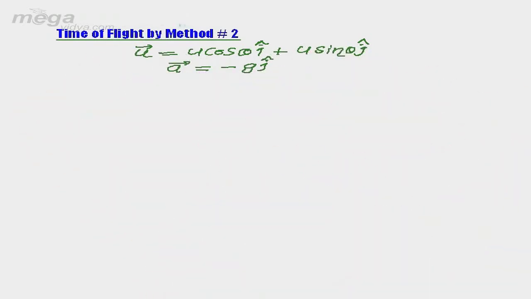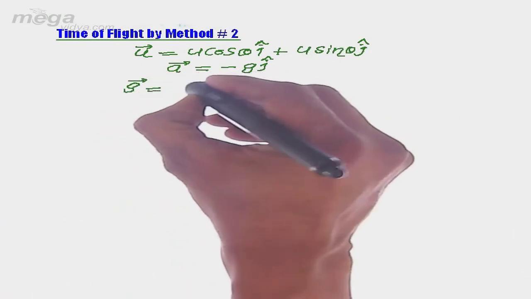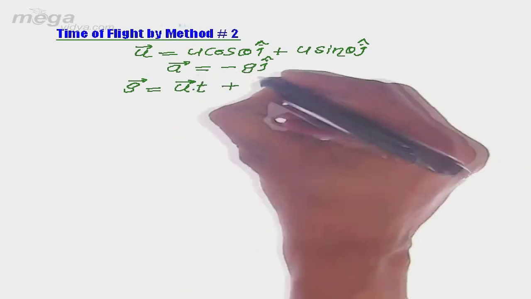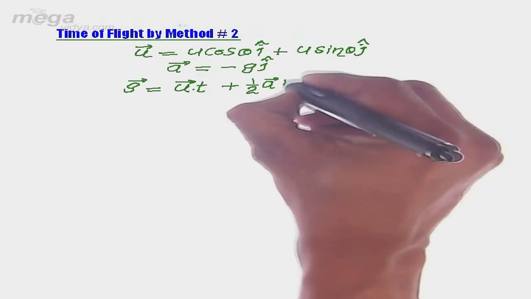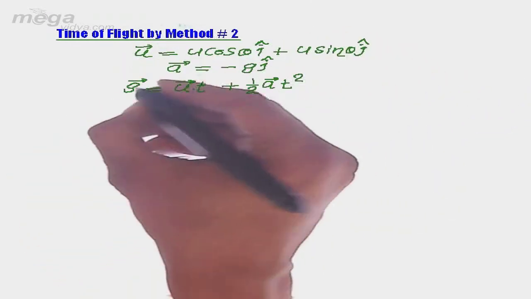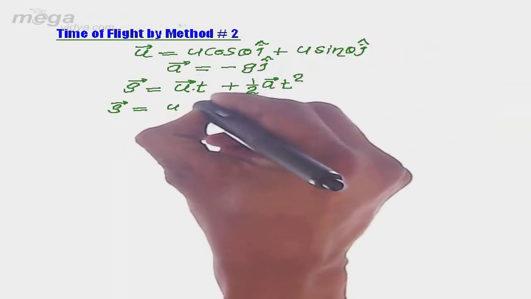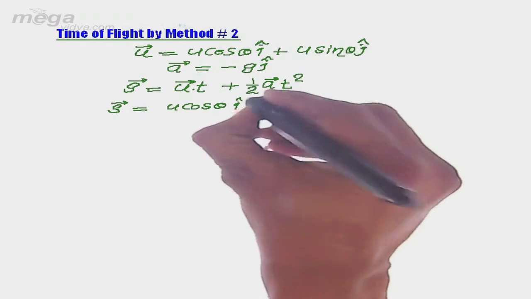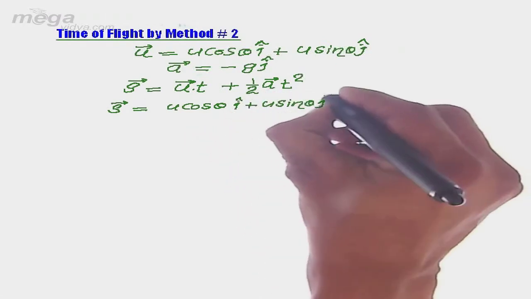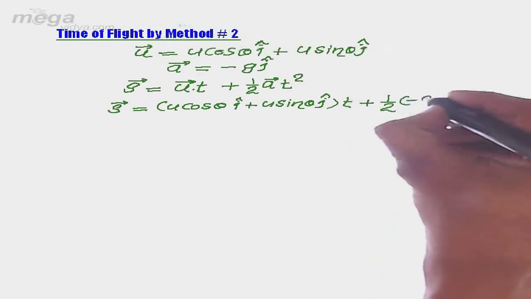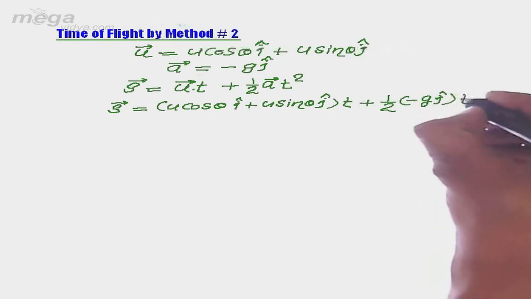Now the equation which I have to use here is displacement of the particle equal to initial velocity vector into time t plus half acceleration vector into time squared. Here the values are as shown above. So I am writing the values of u and a in this equation. So it becomes (u cos theta i cap plus u sin theta j cap) multiplied by time t plus half the acceleration, which is minus g j cap, into t squared.